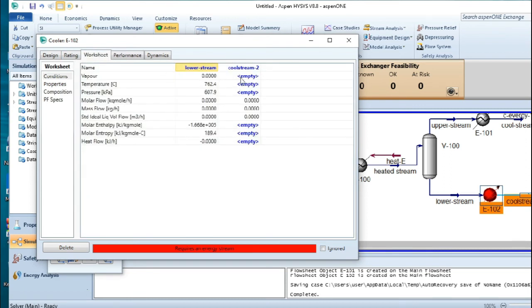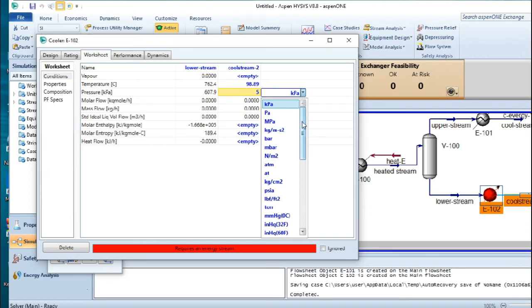The temperature is to be 210 from the question, in degrees Fahrenheit. The pressure to be 5 atm as I inserted for the upper stream.